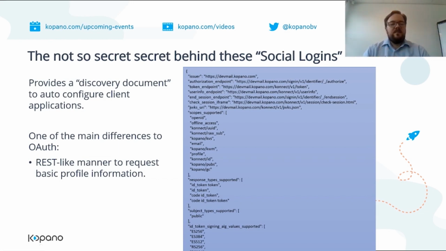Yeah, and like I already said in the first slide, OpenID Connect as a standard is something that has evolved on top of OAuth 2.0. And the main difference here is that OpenID Connect specifies and standardizes the way to get actual user information. So when an application says it is compatible with OpenID Connect, then it will work with any OpenID Connect provider.